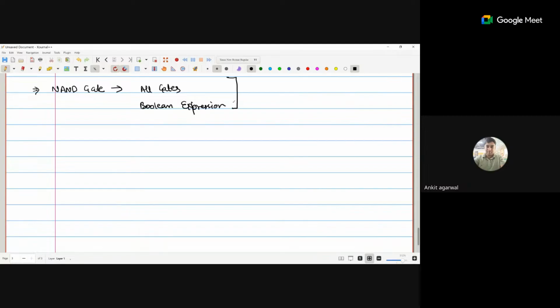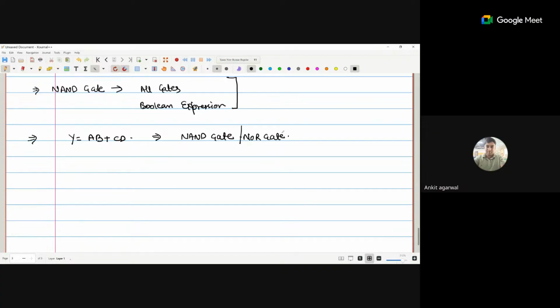Any other doubt? Now the part is if any expression is given, AB plus CD, we can implement using the diagram. They are asking about NAND and NOR.